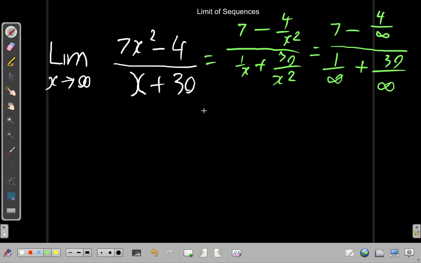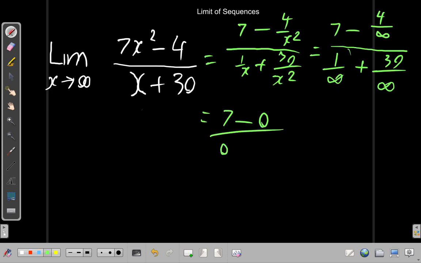So, what you have is 7 minus 4 over a very big number. It's a small number. 4 over 1,000. If you put 4 over a million, it's very small. Then 4 over a billion is even smaller. And as this number under 4 gets bigger and bigger, the answer approaches 0. So it's 0 divided by 1 over 0.